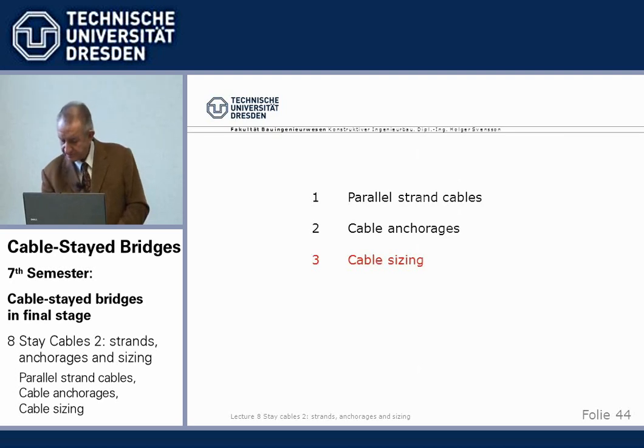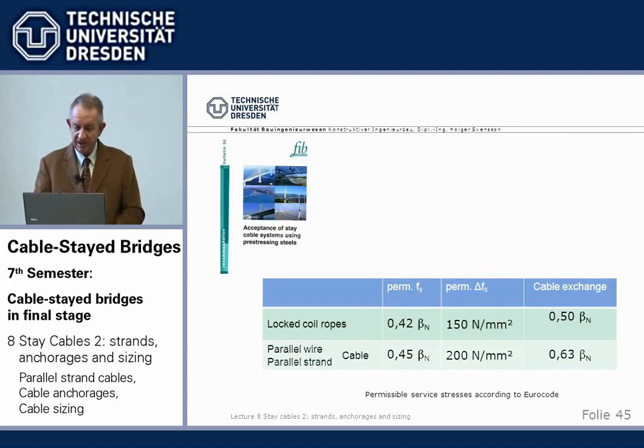Now, cable sizing. I do that very briefly. Cable sizing, especially in Germany, since it has fallen into the hands of more theoretically working people, has become very complicated. I had my friend Rainer Saul write it out, and it's, I think, 10 pages in the script.